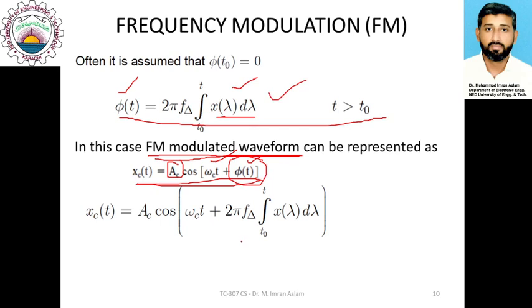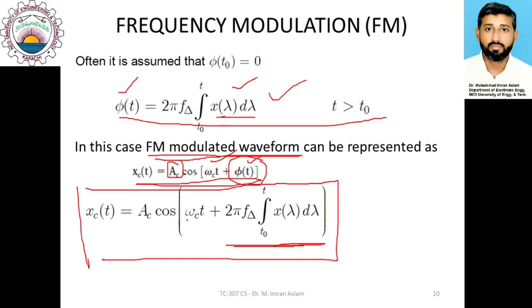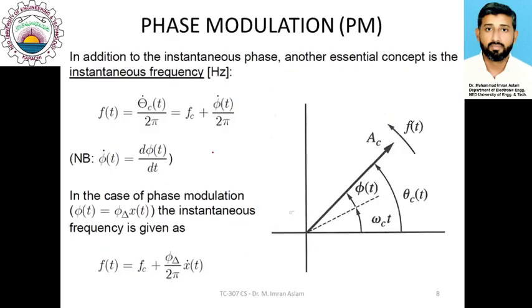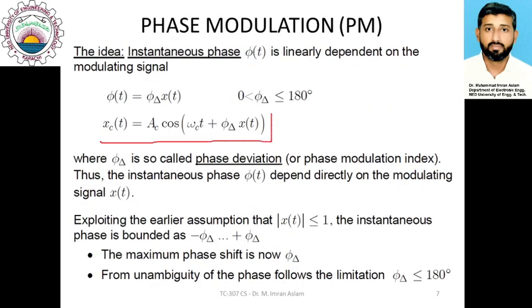By substituting this value, we can represent the FM modulated signal like this: xc t would be equal to Ac cos of omega c t plus 2 pi f delta integral of x lambda d lambda. So this is the mathematical representation of the frequency modulated signal. You can compare it with the phase modulated signal, which was represented here.